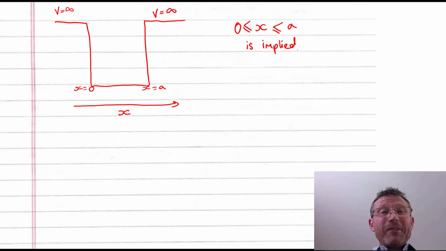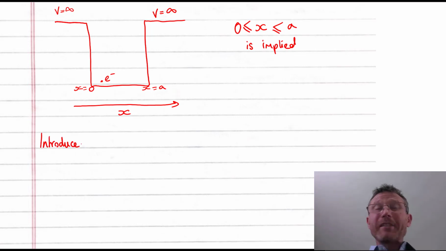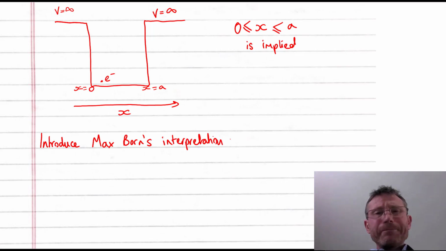While we're considering these boundary conditions, because I'm going to place the electron in that box, before we go further, I also want to introduce, because this particle in a box description comes up later in the chapter, Max Born's interpretation of the wave function. And this is actually important, because we might say, what's the chances that that electron is actually outside of this cavity, of this box that I've provided for it? What are the chances?